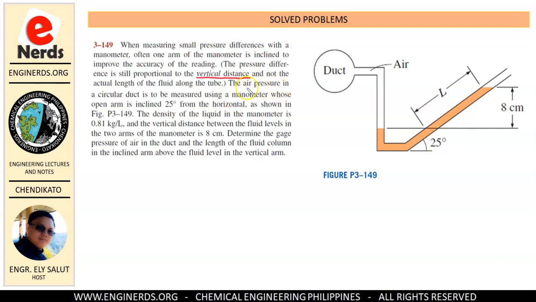The air pressure in the circular duct is to be measured using a manometer whose open arm is inclined 25 degrees from the horizontal. As you can see, this is our open manometer and it is inclined 25 degrees from the horizontal. The density of the liquid in the manometer is 0.81 kilogram per liter.